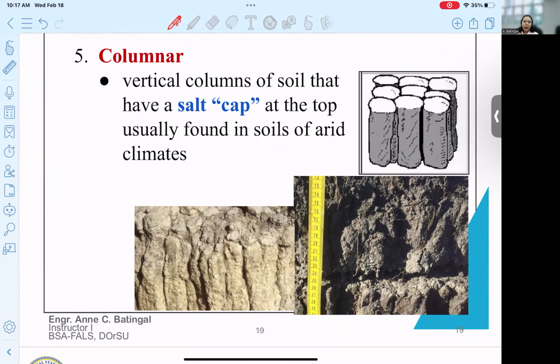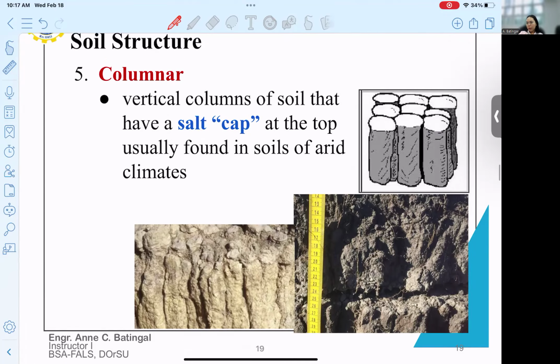So we usually find columnar soils in arid or semi-arid regions. Kaya kani nga type of soil is high in sodium which causes the shape and then the formation of kanang mga salt deposits. Similarly, water and air movement through columnar soil is limited. So, this structure is very challenging for plants to grow.